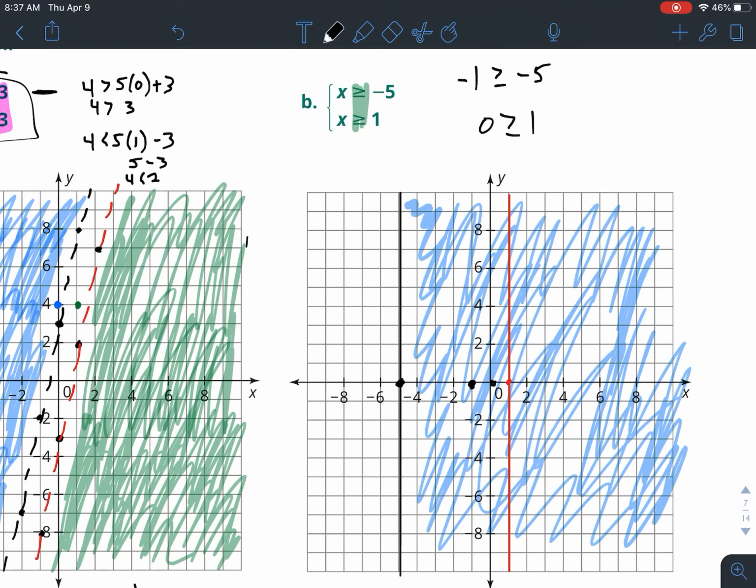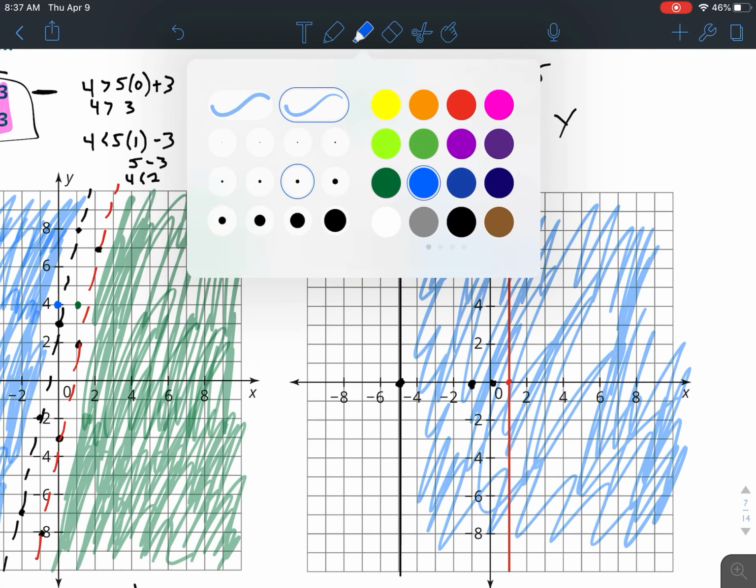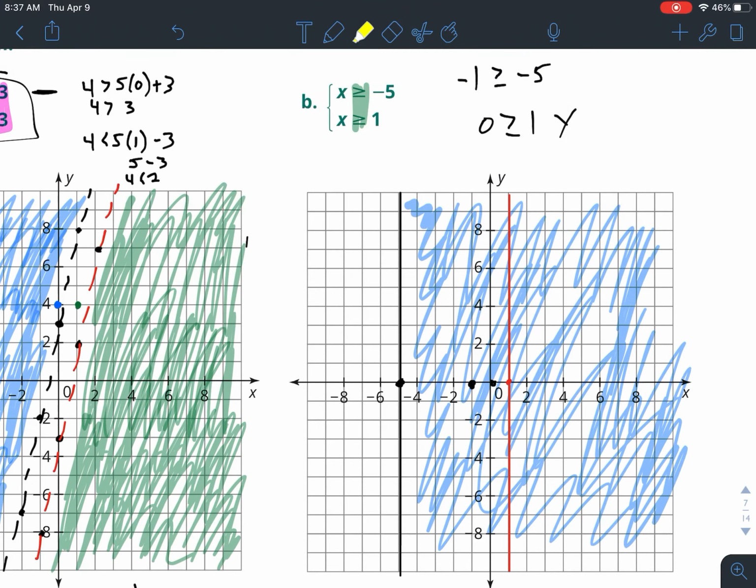That is not true. Okay, so that means any number to the left does not work in this solution, so it's only numbers to the right. So that means we're going to shade anything to the right of that number. So I'm just using yellow, and I'm shading to the right of that red line, because any number to the left will not work. Okay?